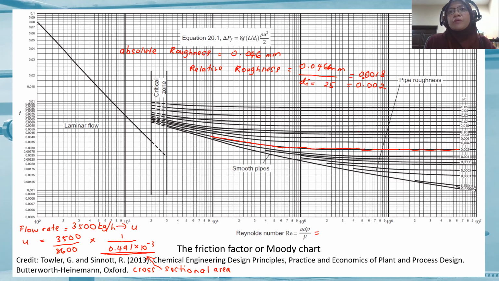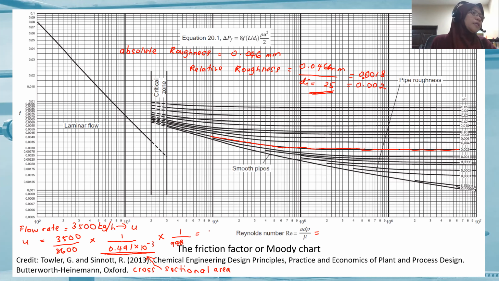We know our DI, so we can calculate the cross-sectional area of the tube, the cylinder. And then we need to multiply with 1 over the density, the density 998.